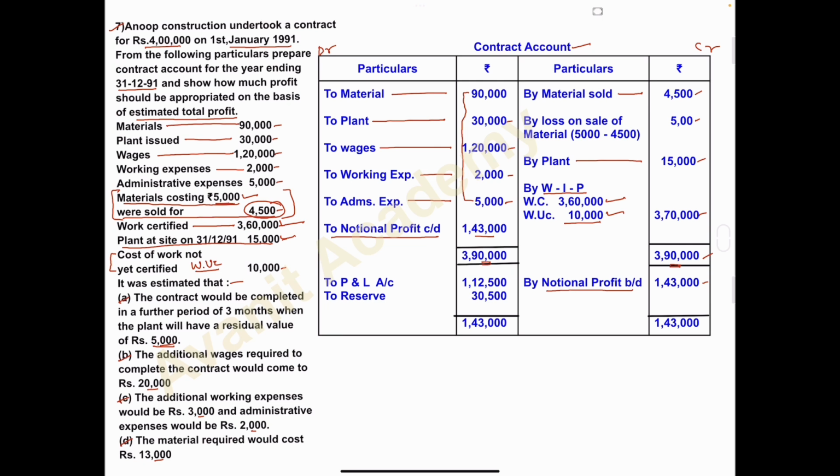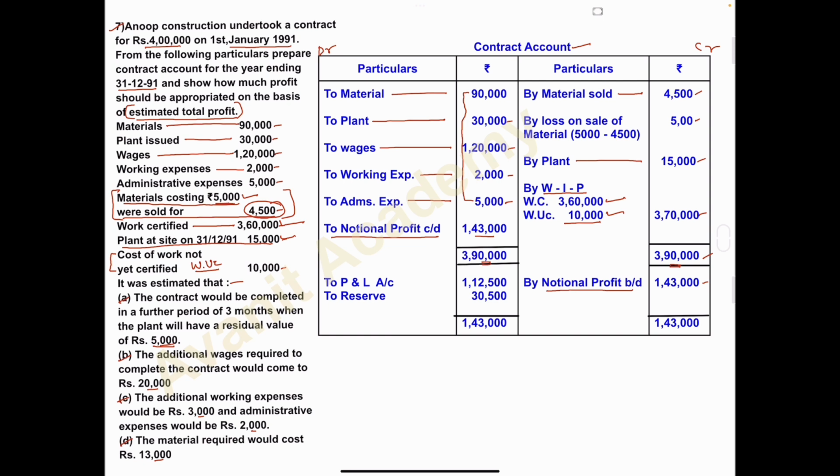In this problem, there is no need to see which condition is applied, because the problem has clearly mentioned, see this first para, show how much profit should be appropriated on the basis of estimated profit. So this problem is based on estimated profit, meaning we have to calculate the amount of profit to be transferred to profit and loss account on the basis of estimated profit.